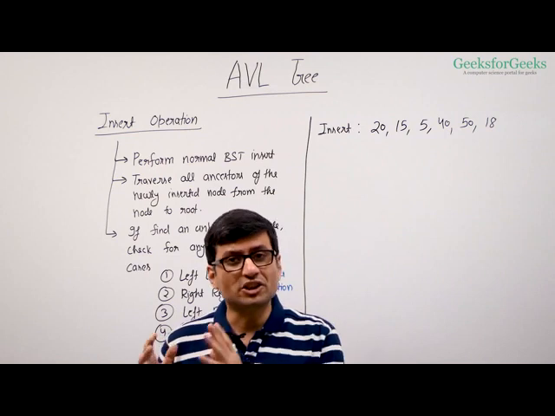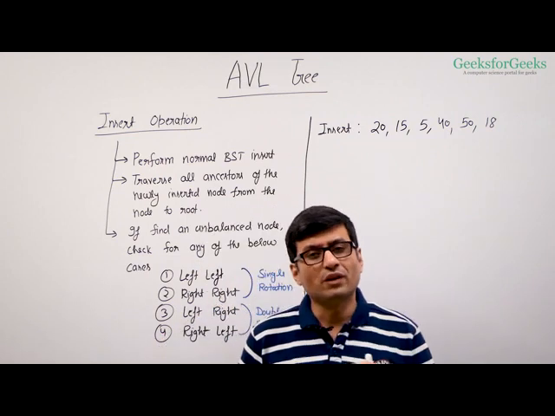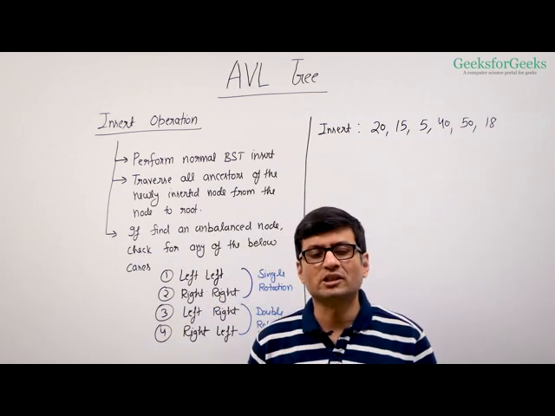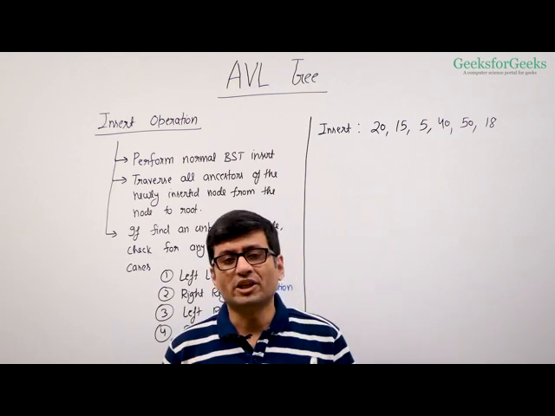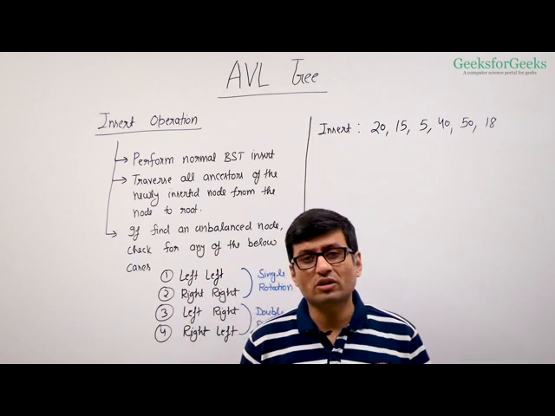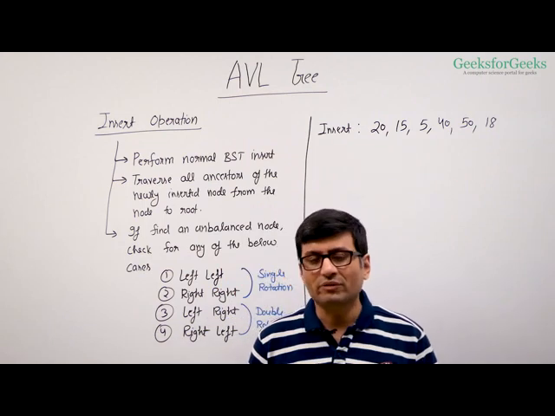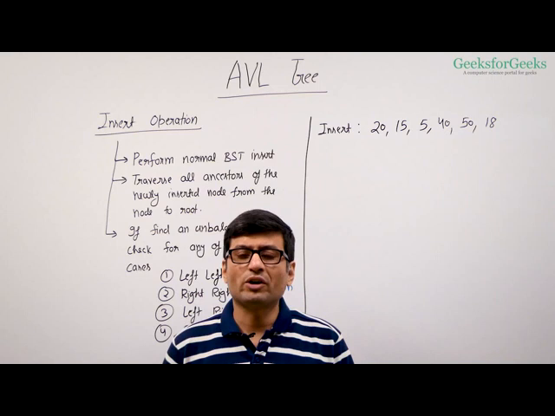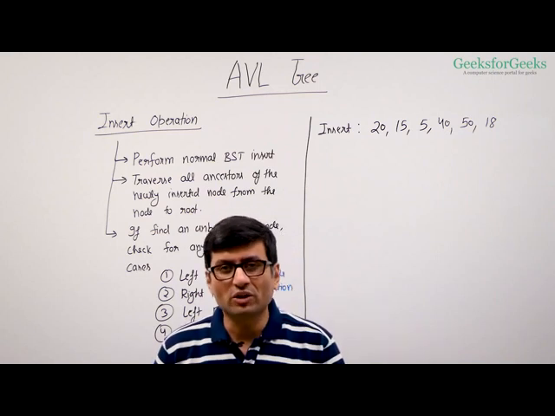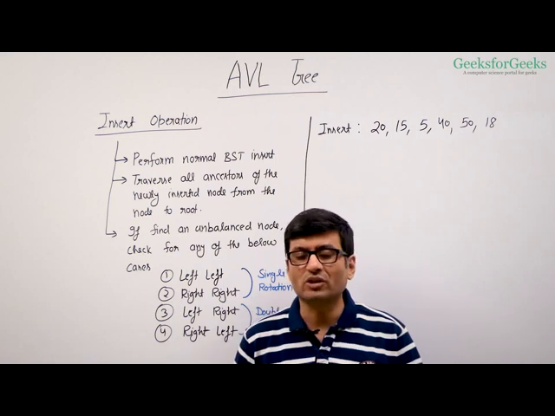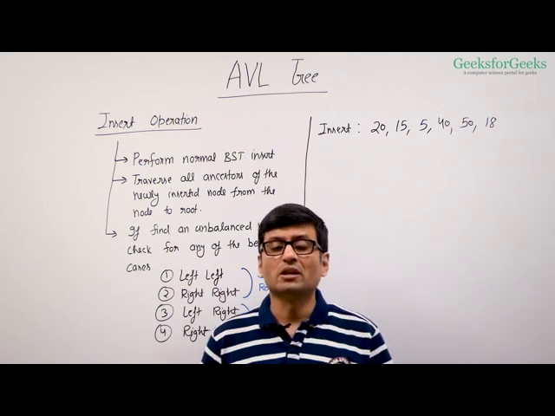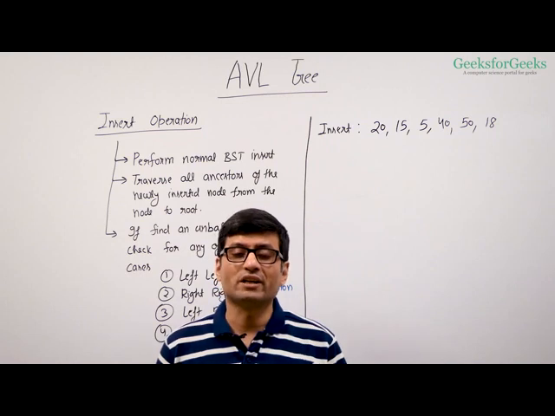Here is the insertion algorithm. We first do a normal BST insert when we are inserting a node. And if inserting this node does not cause any imbalance, then we don't have to do anything. Now a question for you: when you are inserting a node in an AVL tree using normal BST insert, which nodes will get imbalanced?